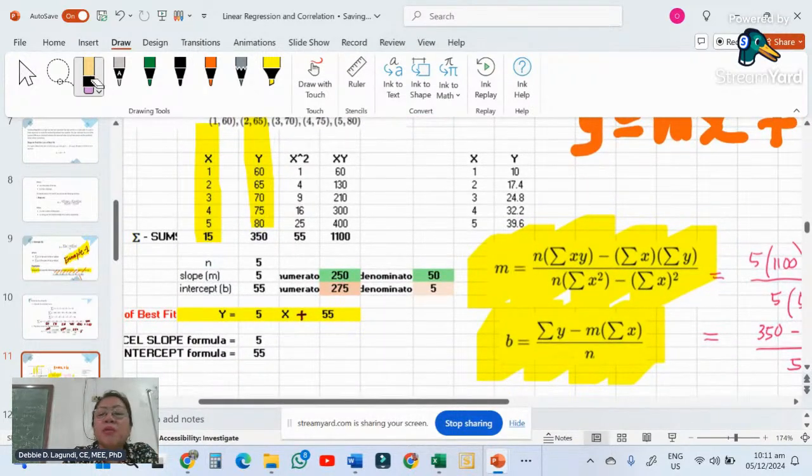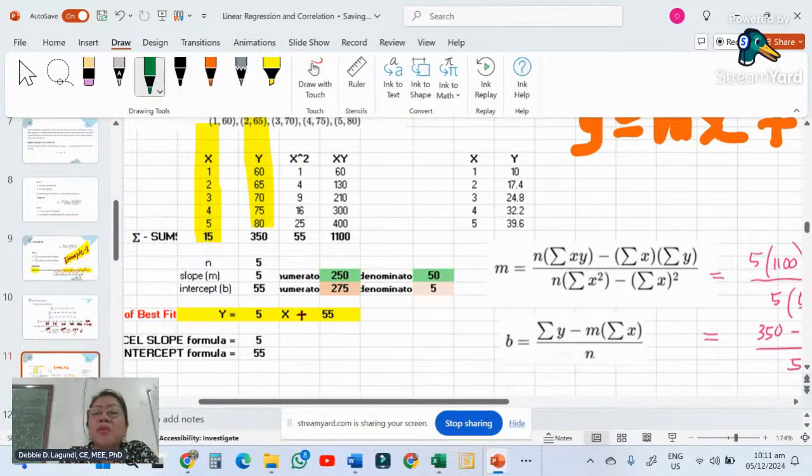In the formula of m, you need an n. The n will be the number of cases. How many do we have? Obviously, we have 1, 2, 3, 4, 5 cases only. So n is 5, as you can see here.